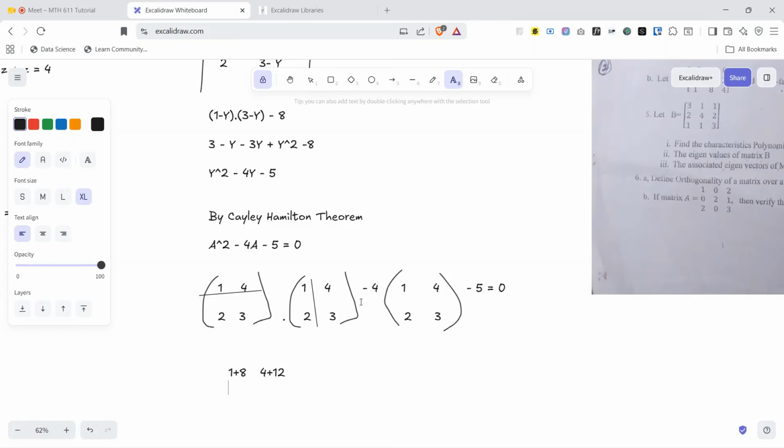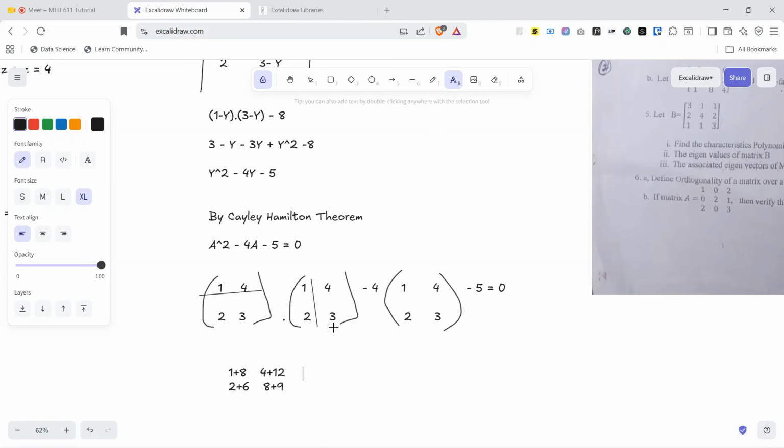This is from normal matrix calculation. So if you don't get this, probably you have to move back a bit to understanding matrix calculation. So the next one, 2 times 1 is 2 plus 3 times 2, which is 6. Then 2 times 4 is 8, plus 3 times 3, which is 9.